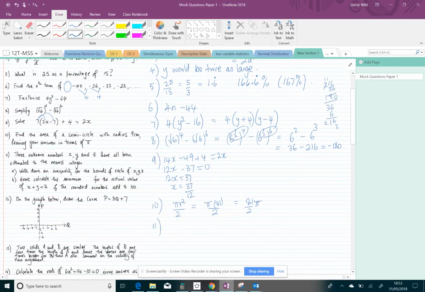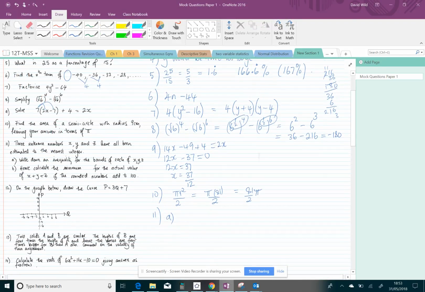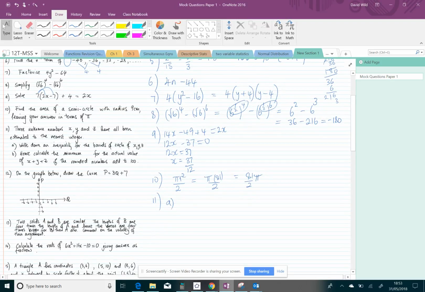Question 11. Three unknowns, x, y, and z, have all been estimated to the nearest integer. Okay, so write down the inequality for the bounds of each. So we're starting off with part A: write down the bounds of each of x, y, and z.